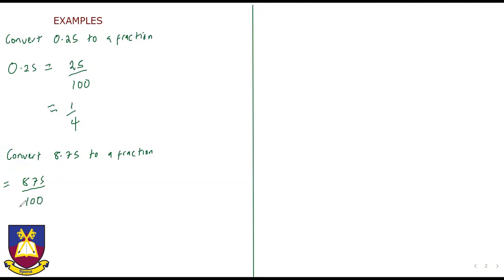And then all we're left to do is to reduce by 25, that's 35, by 25, that's 4. You could first divide by 5, then again by 5. It's the same thing. You come to this, so this is the fraction.